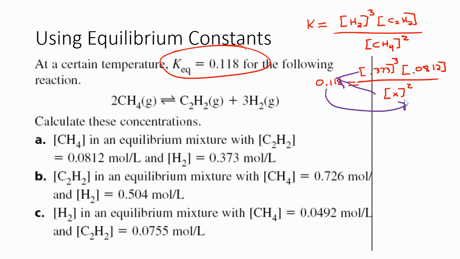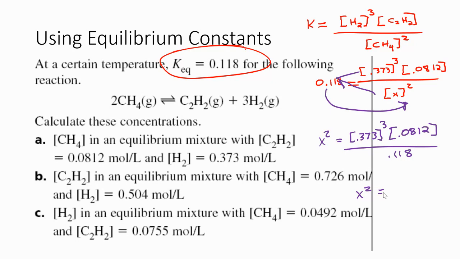So that's going to give me X squared equals 0.373 cubed times 0.0812, great number, over 0.118.